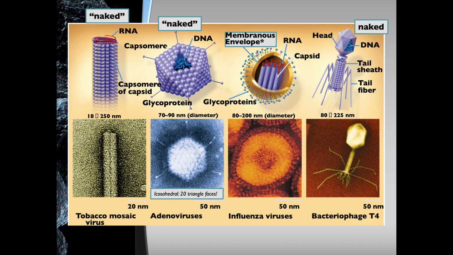Influenza viruses, which cause the flu, are going to be coated in that membranous envelope we were talking about. It's going to help them sneak into cells. They typically are going to have an RNA core. They have protein capsids around those RNA cores, and then this membranous envelope on the outside with the protein spikes exists, and we'll explain again how that's going to help it get into a cell in just a few minutes.